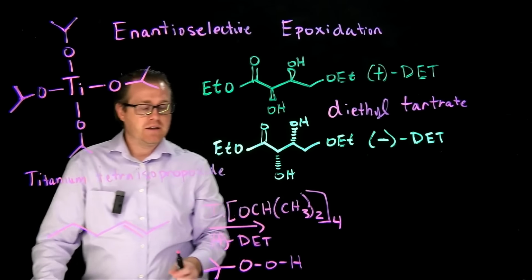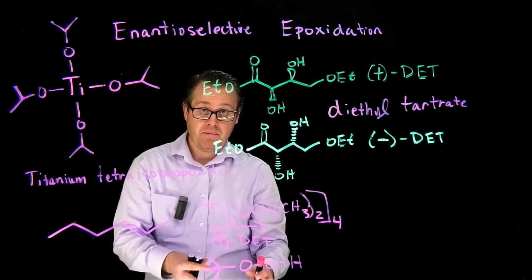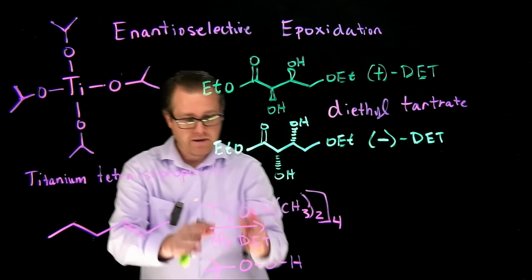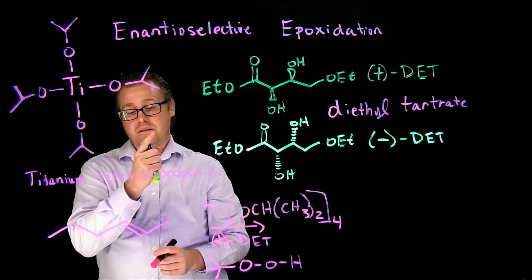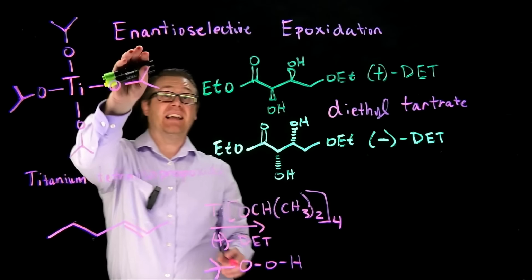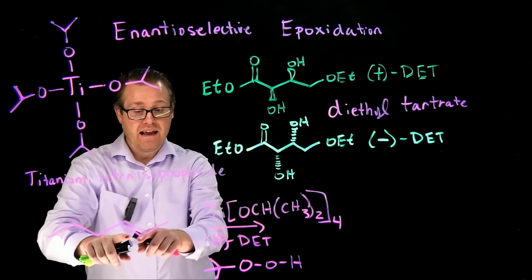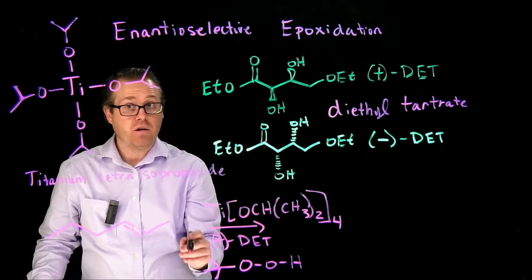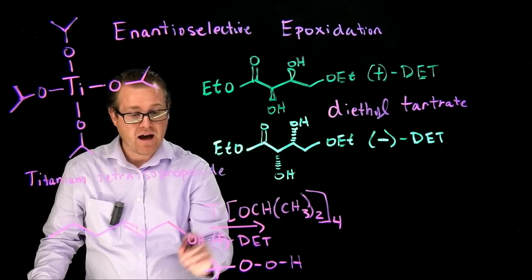And so we're so used to seeing an alkene reacting with MCPBA to make the epoxide. Well, we got these extra things here. One more thing to add, okay? So these conditions don't form an enantioselective epoxidation unless the alkene, or the molecule that you want to form the epoxide, is an allylic alcohol.